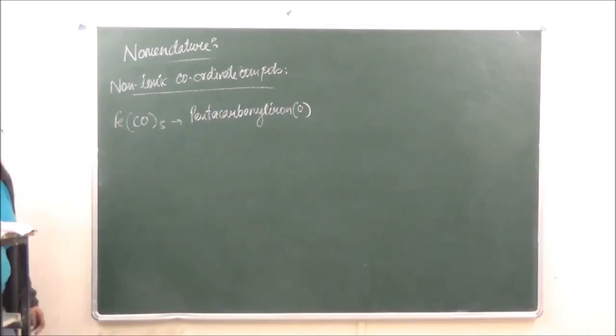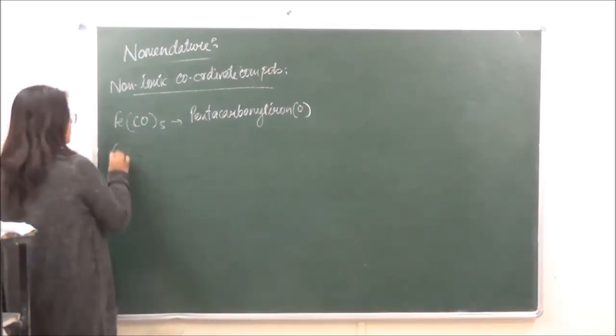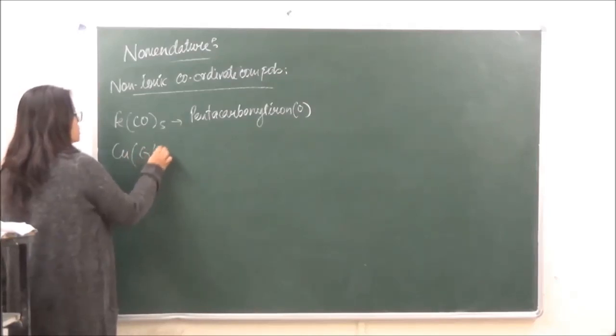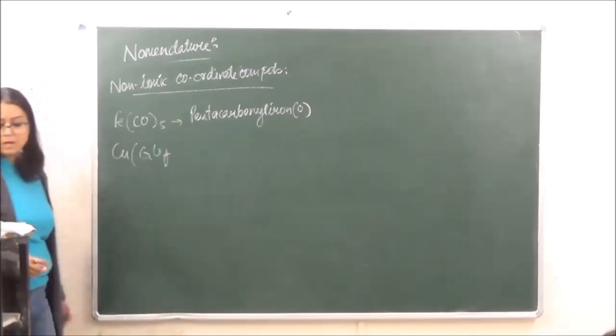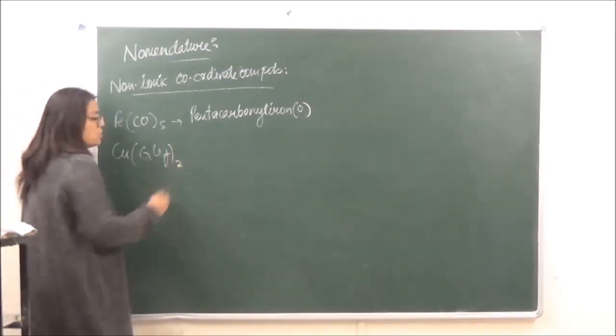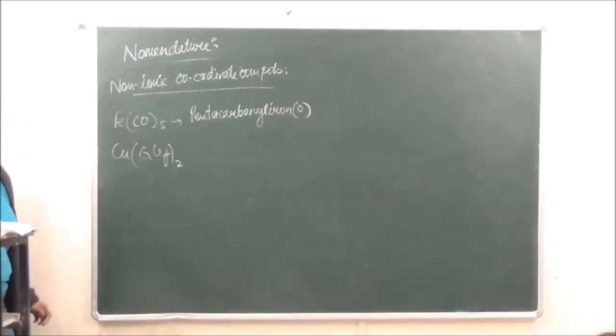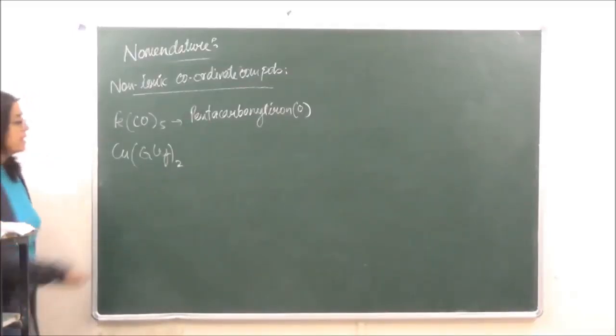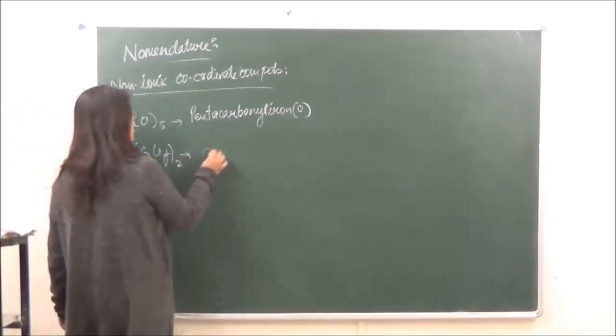We're taking another example over here. Suppose this is the compound given to you. So GLY is going to be the glycinate ion. There are 2 glycinate ions.